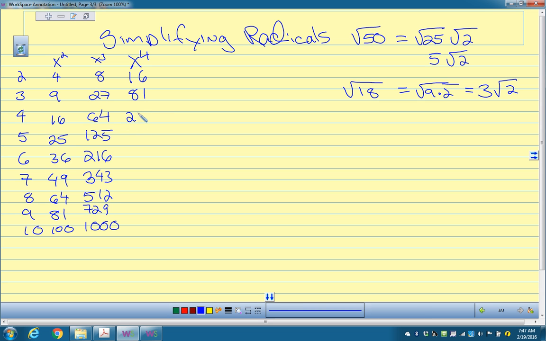I guess you could do 5 to the fourth, 625. We'll stop with that, okay? We don't have to go any higher. Are you taking a picture of that? Okay. All right.